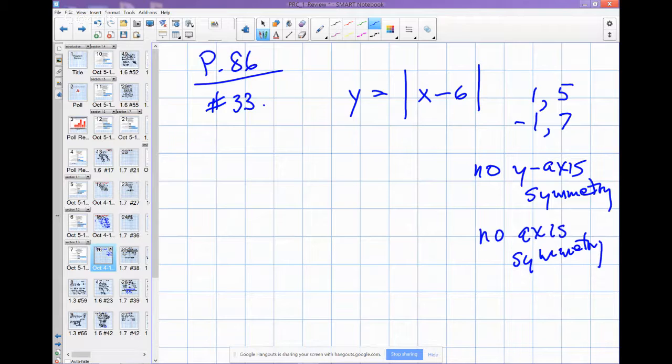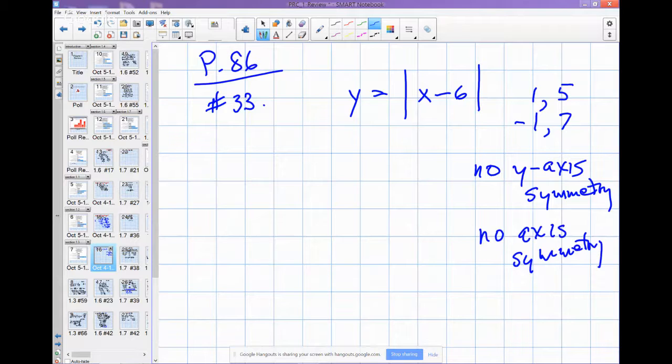If when we plugged in 1 and -1, we got the same answer, maybe try 2 and -2 then. And if they both work, that pretty much nails down that you've got y-axis symmetry. Conversely, if you can change the sign on y and you still have the same x, then you have x-axis symmetry. That's pretty much it.